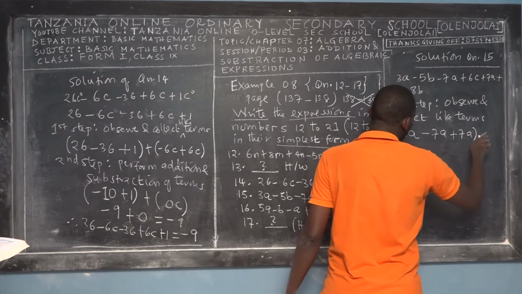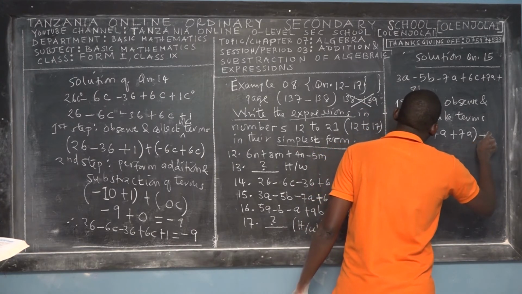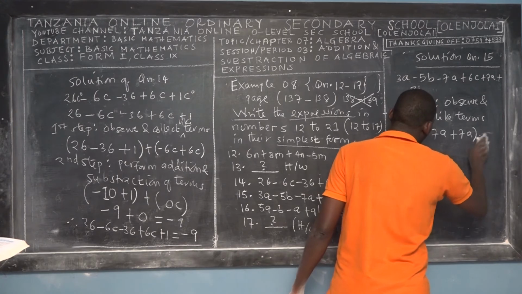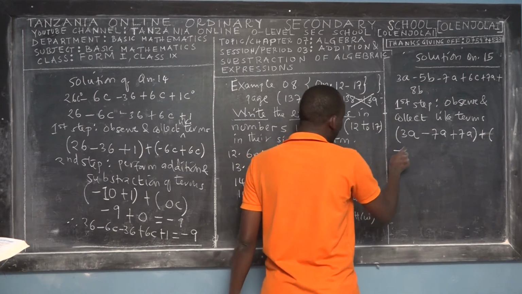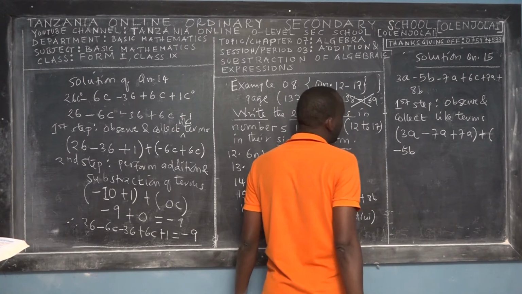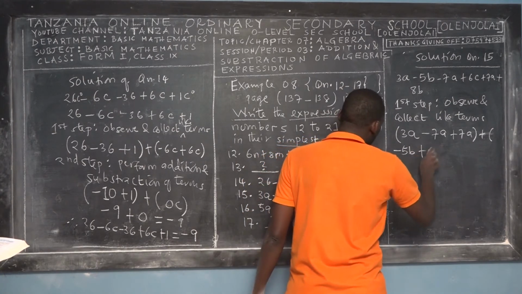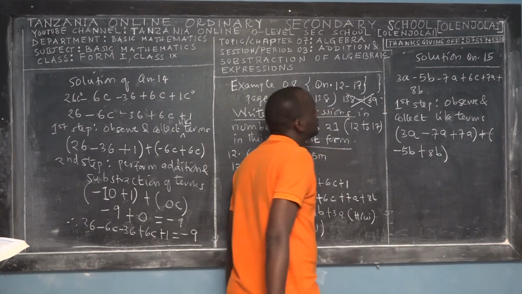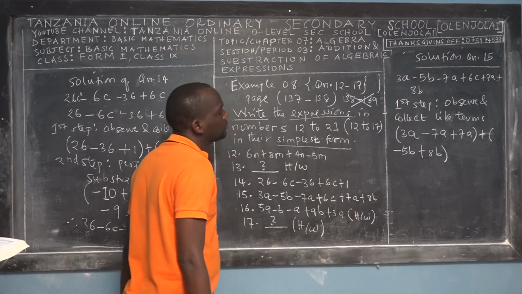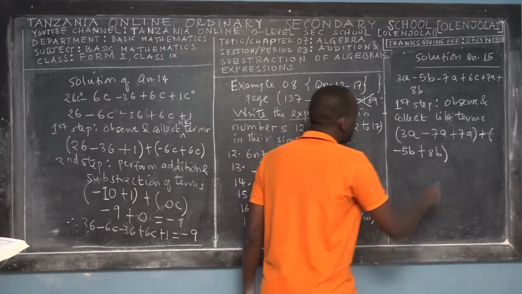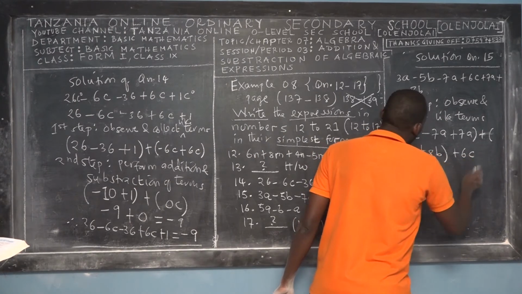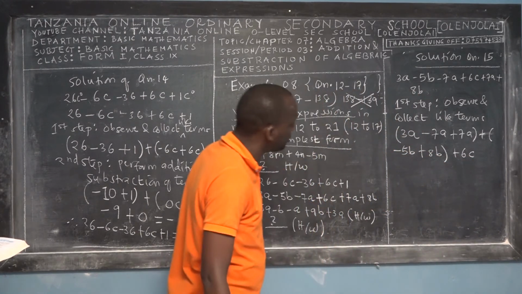So then you have minus 5b, or we say plus, kwa sema jumlisha. Alafu tuna hasi 5b, we have negative 5b, plus 8b, right? Jumlisha 8b. And then the last term is 6c.